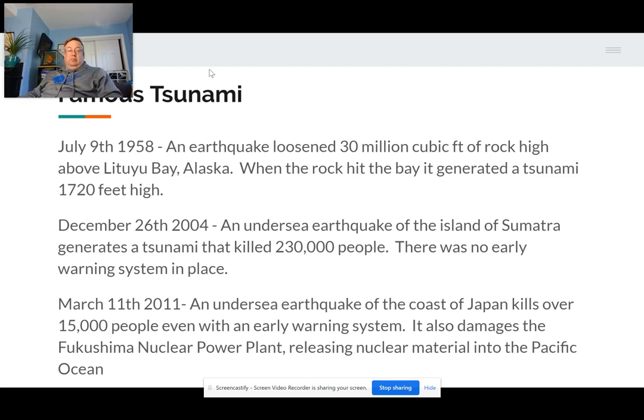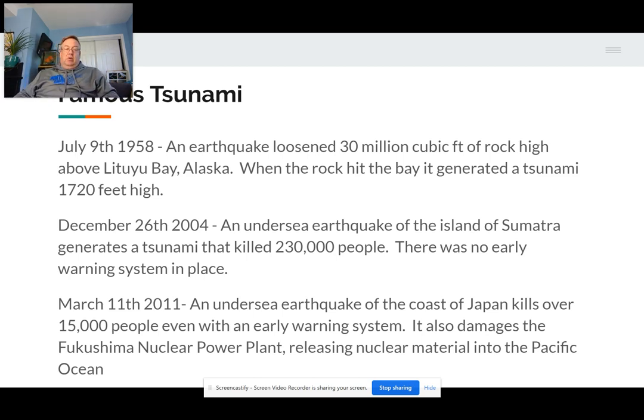Then we have two recent ones. December 26, 2004, Sumatra, which is over in Indonesia. Undersea earthquake happens. This is a resort area. There are a lot of people who are coming from Europe who stay there. But because you're in Indonesia, they don't have early warning systems in place.